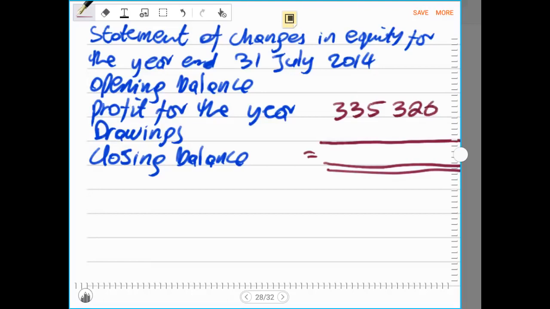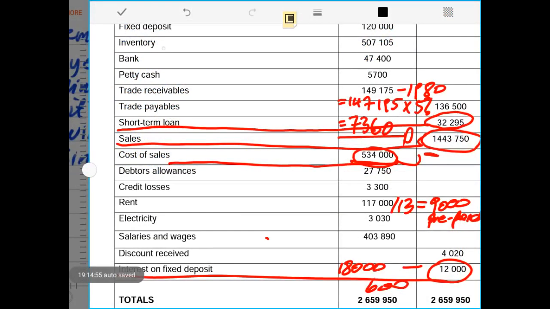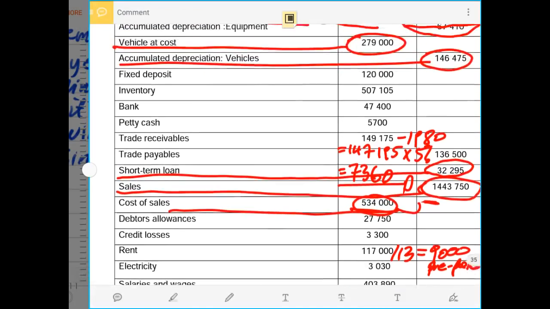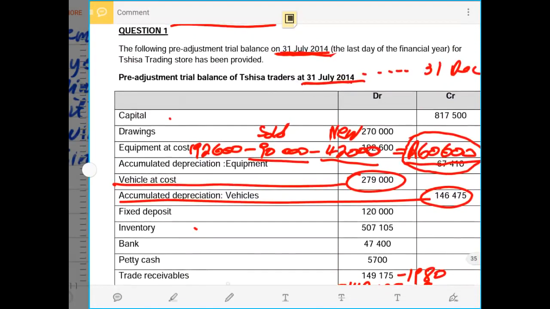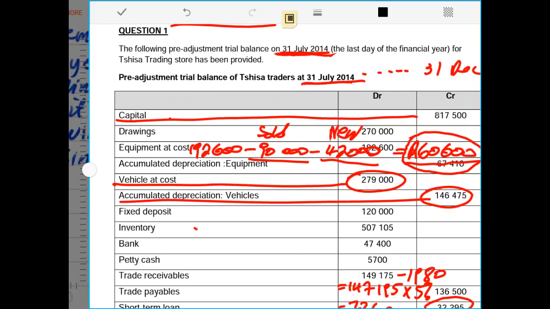Therefore now we are doing the statement of changes in equity, and we start with the opening balance. Opening balance normally will be your capital amount if you do have the capital, and the capital amount is given in the trial balance. There is the capital of 817,500.